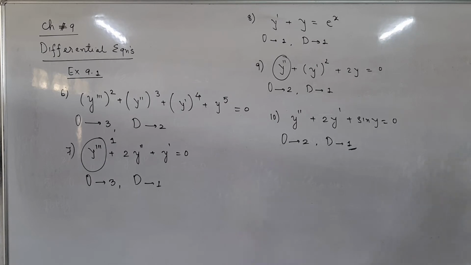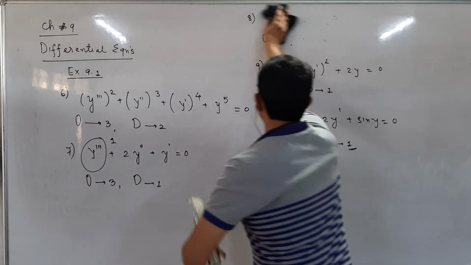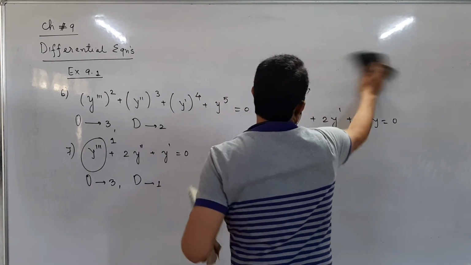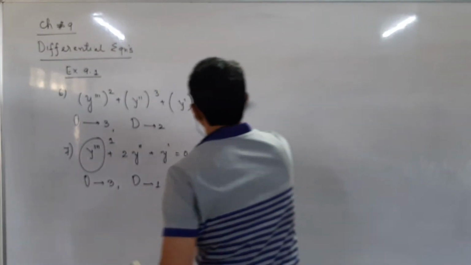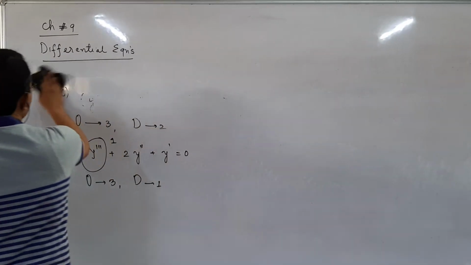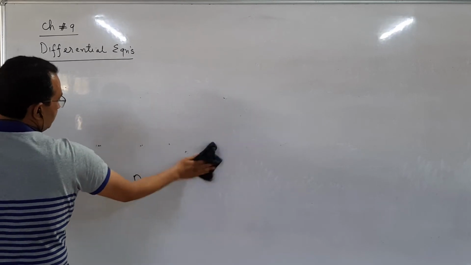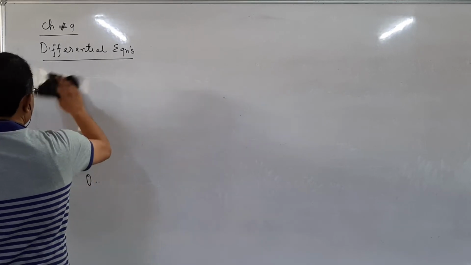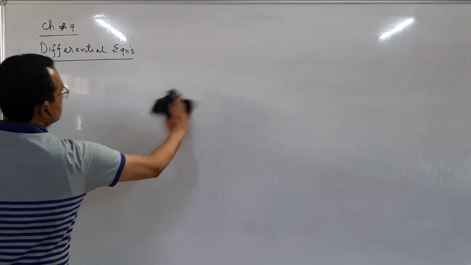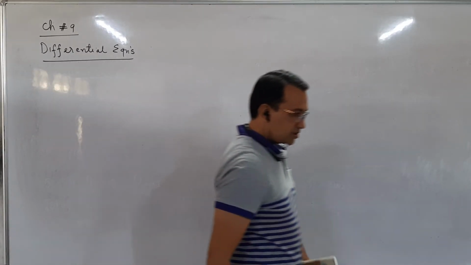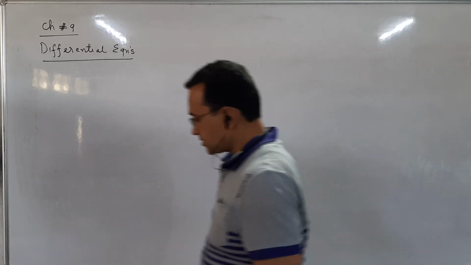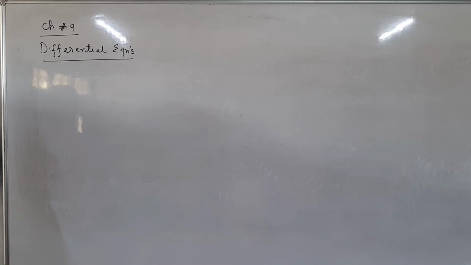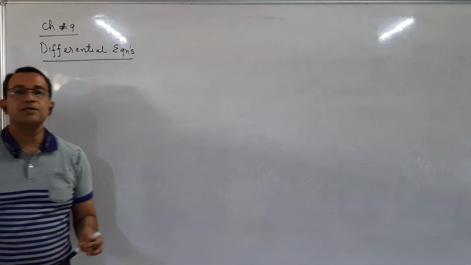We don't have any calculations for the exercise 9.1, but fundamentally it is involving the definitions, and your definitions must be very, very clear, students, as far as this topic is concerned.